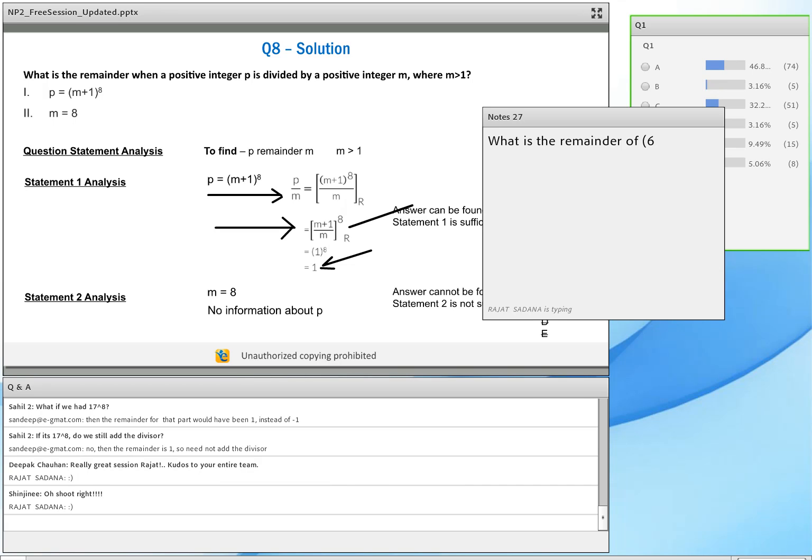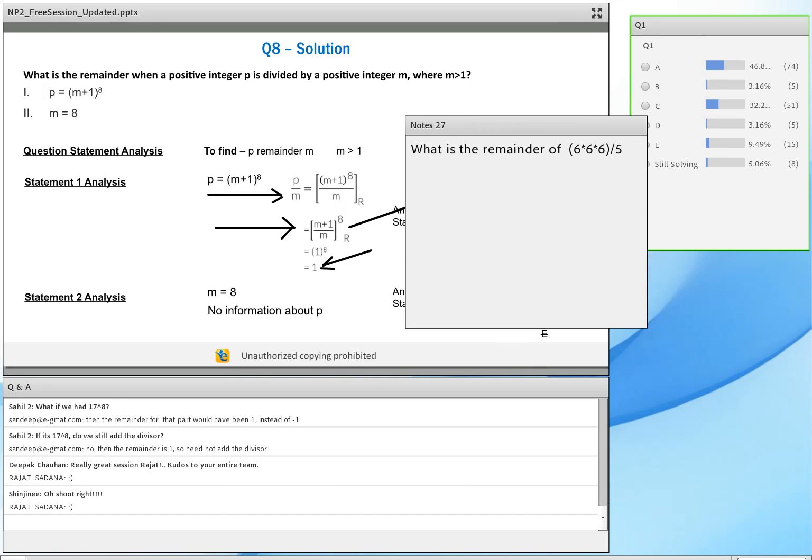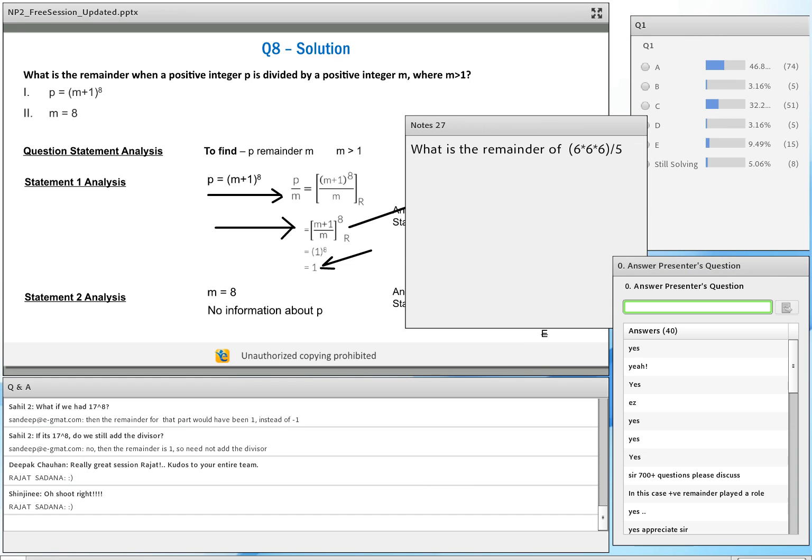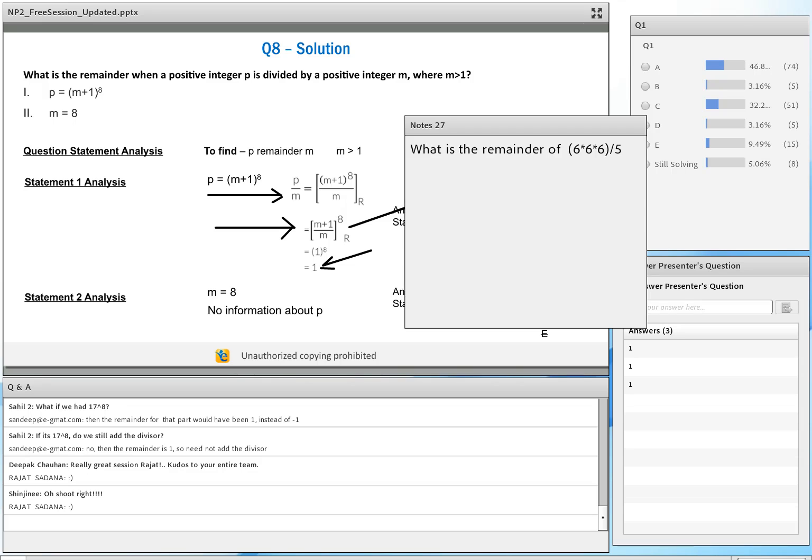What is the remainder of 6 times 6 times 6, this whole expression, divided by 5? Let me get in the short answer pod over here. What is the remainder of 6 times 6 times 6 divided by 5?